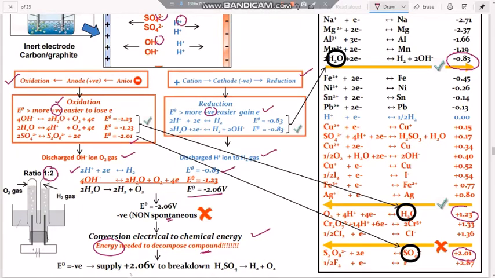Here we got plus 2.06; if you give more than that, it will break down the sulfuric acid into oxygen and hydrogen. So we will get hydrogen gas at the cathode, and oxygen gas at the anode. The anode product is oxygen gas, the cathode product is hydrogen gas. Do remember, this is the most important point to be noticed in sulfuric acid's electrolysis.